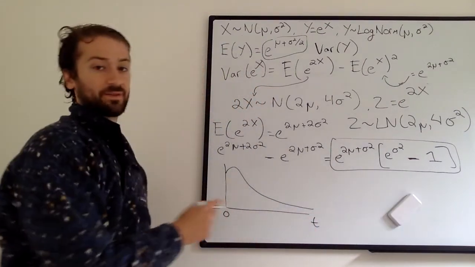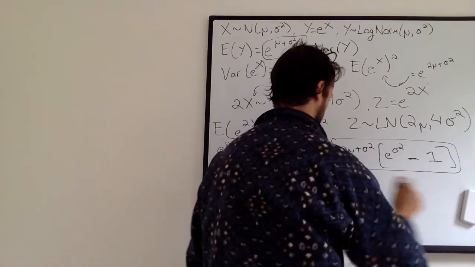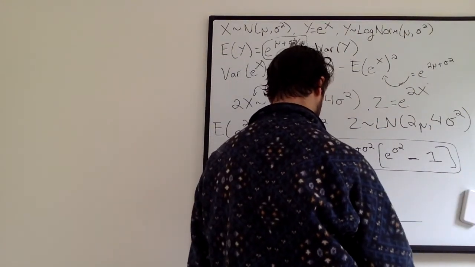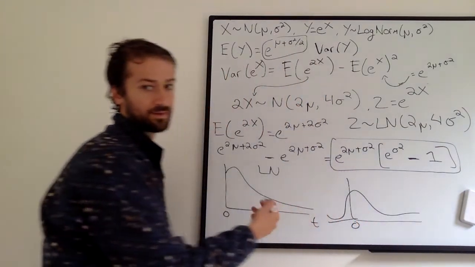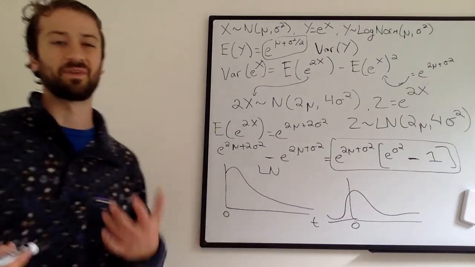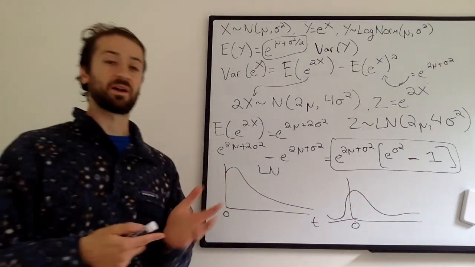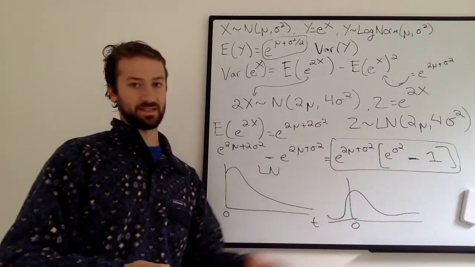The log normal is only greater than 0, right? This is the log normal, whereas the support of the normal distribution is negative infinity to infinity. So there will be values that are negative, which obviously when we're modeling a stock, stocks can't technically have negative value. So this doesn't make sense for modeling a stock.